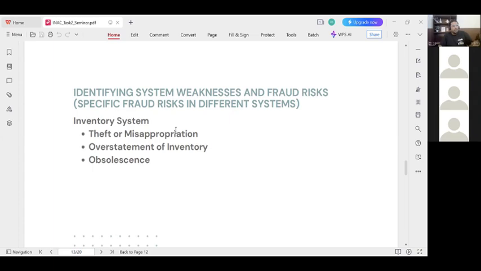So they have stock of 100,000, but they need a loan of 300,000. So what they do is they say that we have stock of 400,000, right? 300,000, 400,000, so that the bank can pledge the inventory against the loan and give them the credit, okay? So these are the types of examples in which a company might be overstating the inventory.